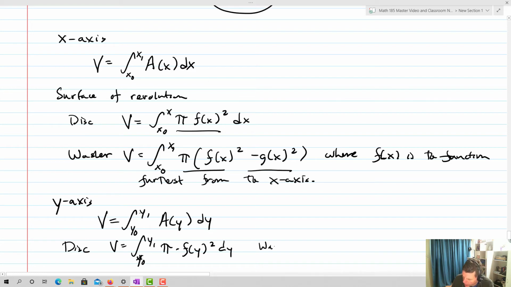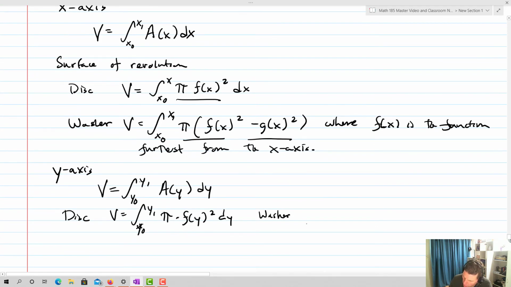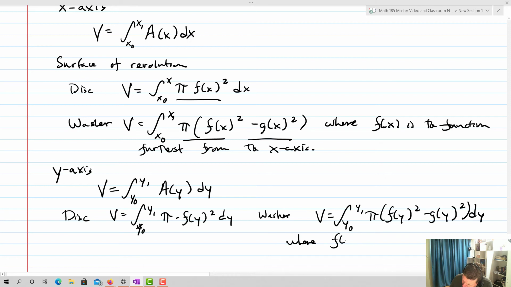And our washer will be V equals the integral from y0 to y1 of pi times f of y squared minus g of y squared dy, where f of y is the function furthest from the y-axis.